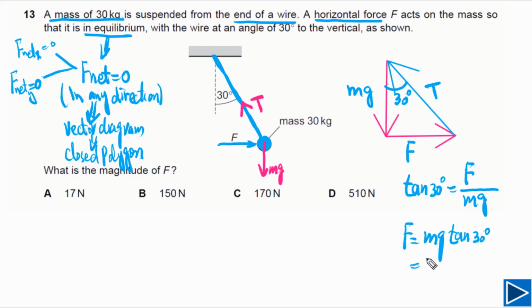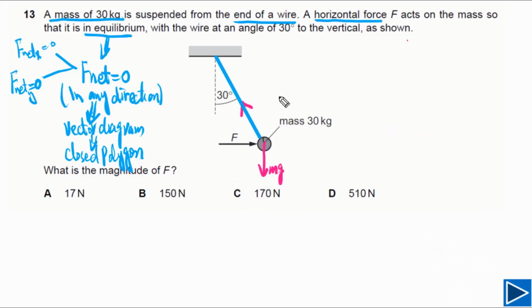We have the value of mass, so we plug in the mass and g, which is 9.81, then multiply by tangent of 30 degrees. If we do this calculation, our answer will be 170 newtons. So the answer for this question is C.